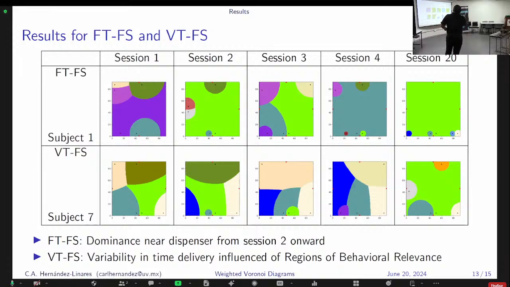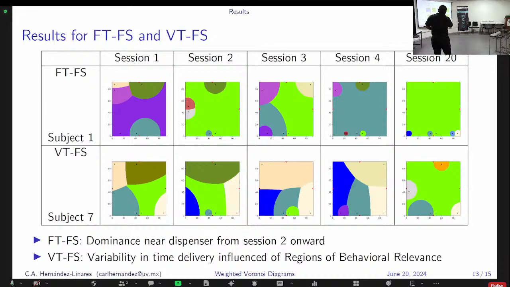And in subject 7, the first session in both subjects is similar. In both cases, the subject spends the time in the corners and in the water dispenser.